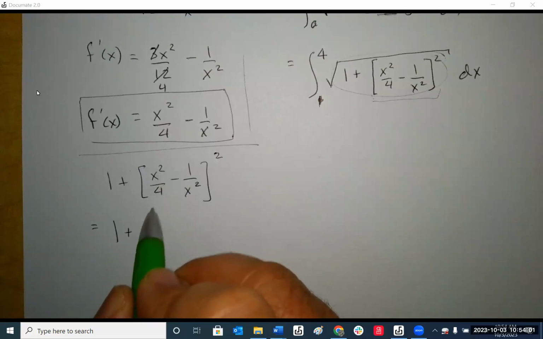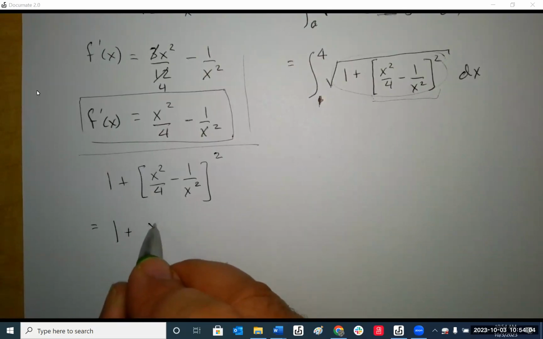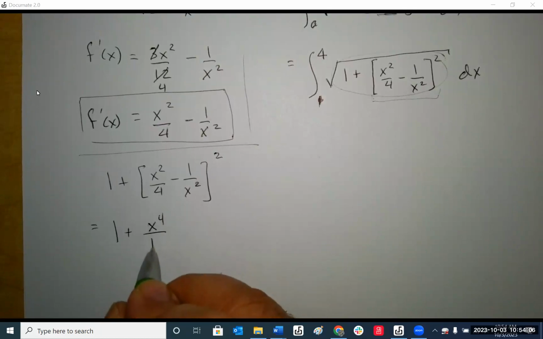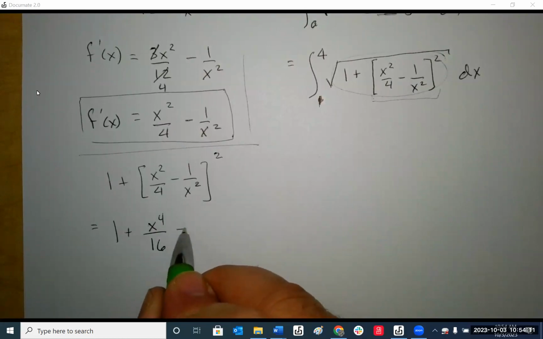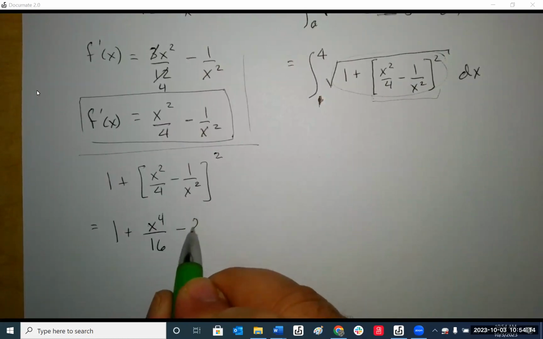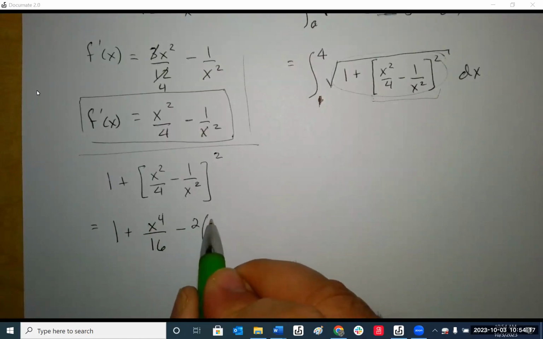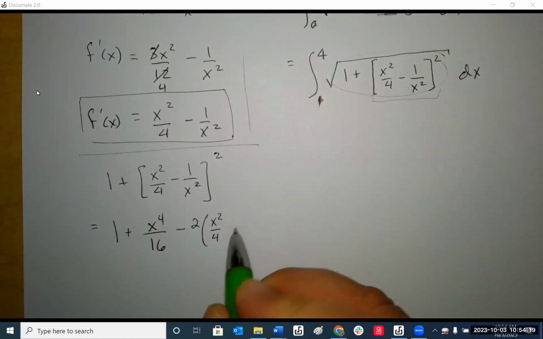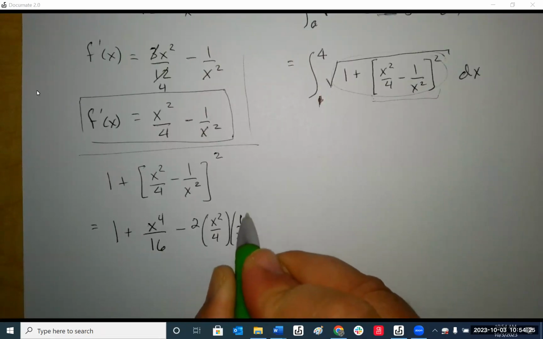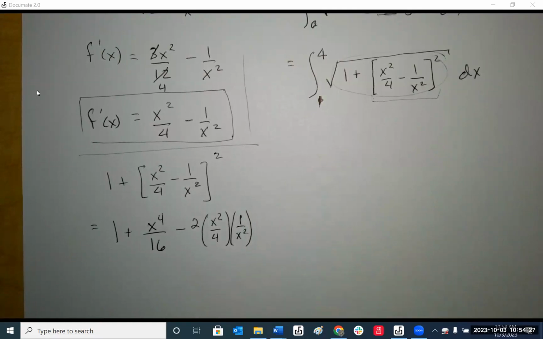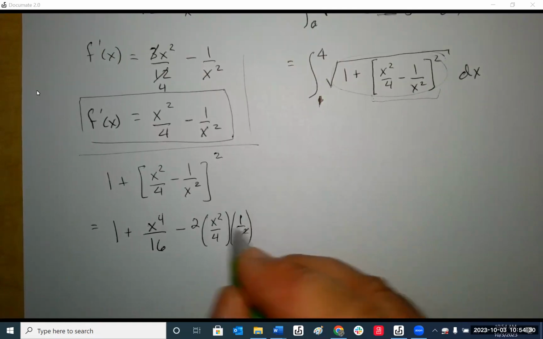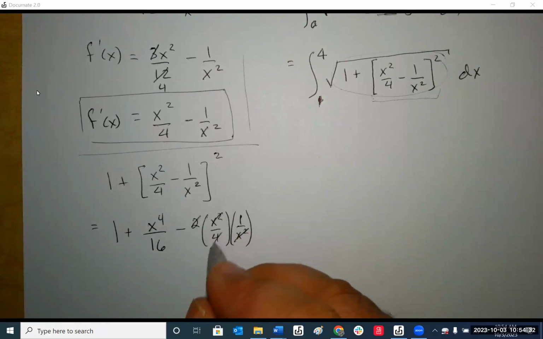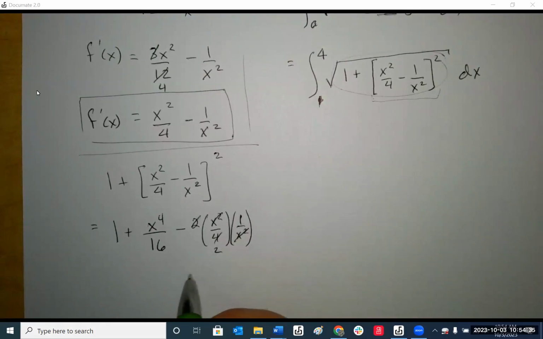So it's going to be x squared times x squared is x to the 4th, 4 times 4 is over 16. Minus 2 times x squared over 4 times 1 over x squared. The x squares cancel. The 2 and the 4 cancel. So it just becomes minus 1/2.